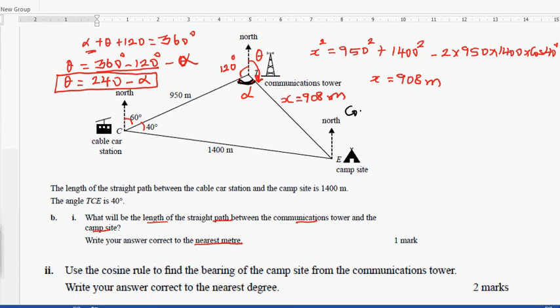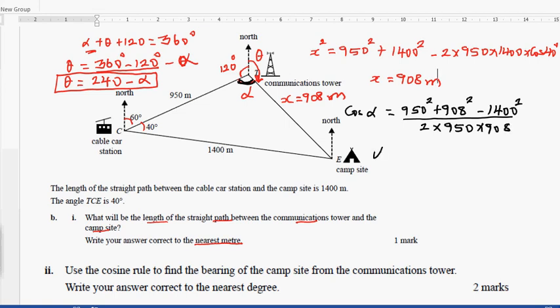So we can say cos alpha is equal to the sides which form the angle squared, so it is 950 squared plus 908 squared minus the square of the side which is opposite, which is 1400 squared, divided by 2 times 950 times 908.